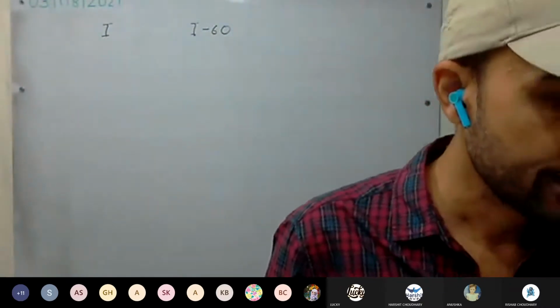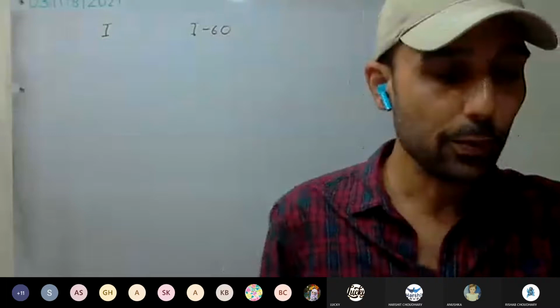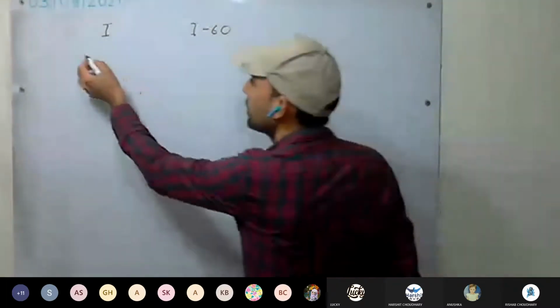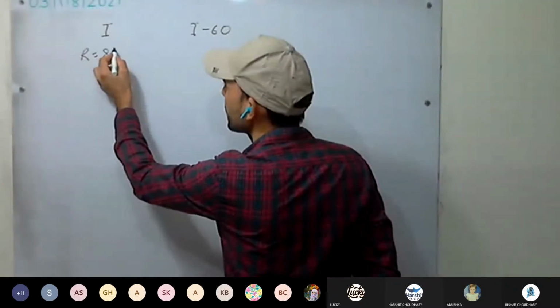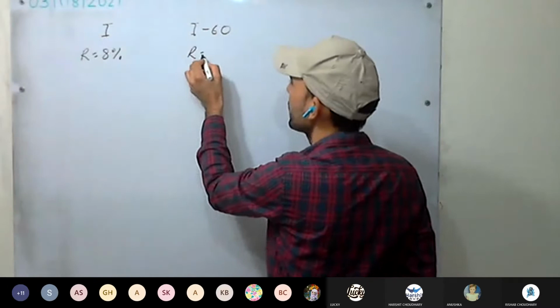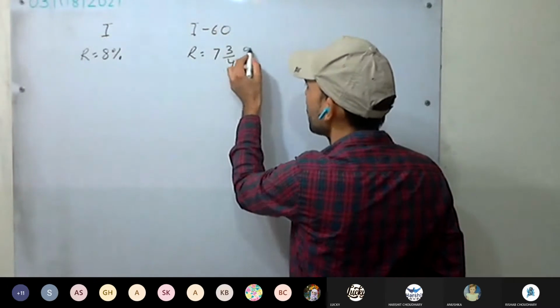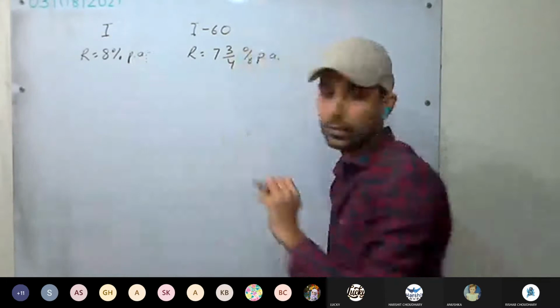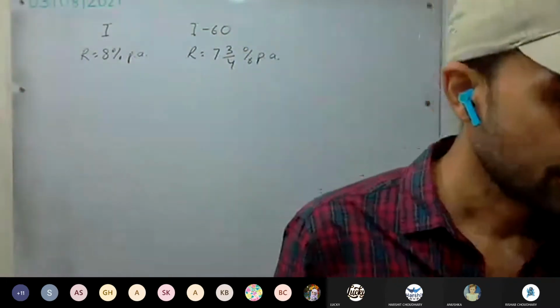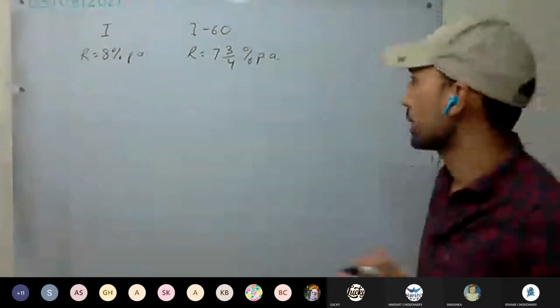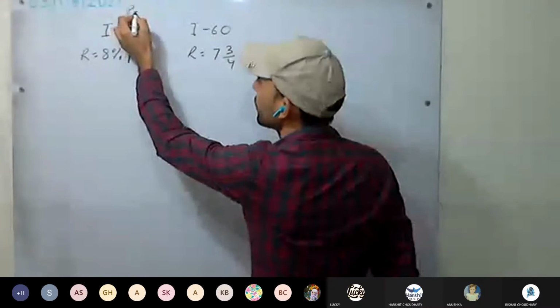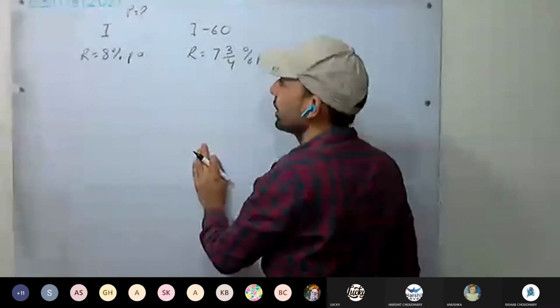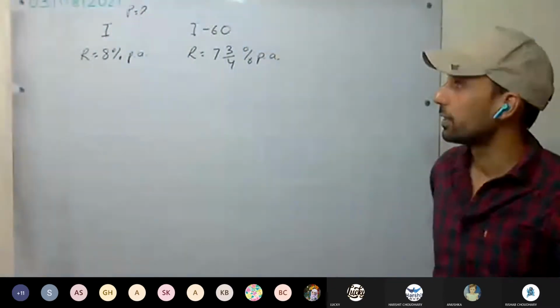It decreases by rupees 60 when the rate of interest dropped from 8% per annum to 7 3/4% per annum. This is given. What was the principal?